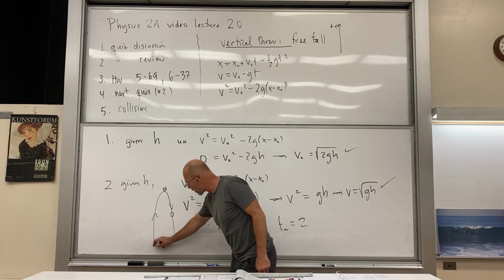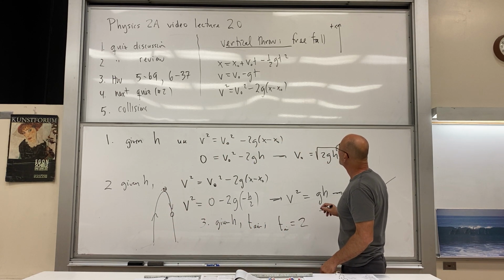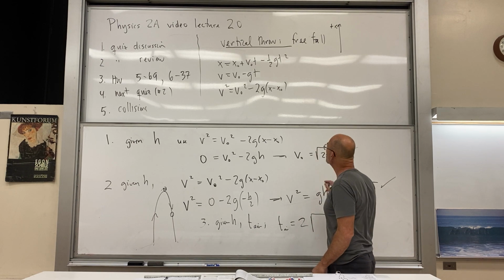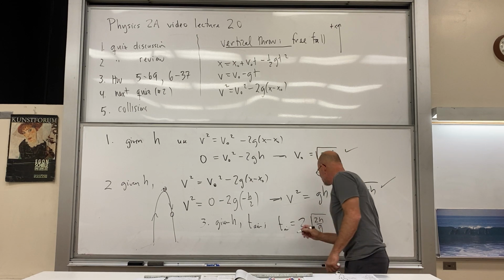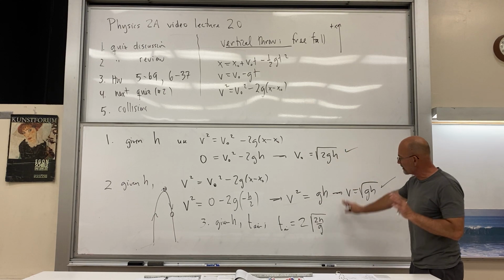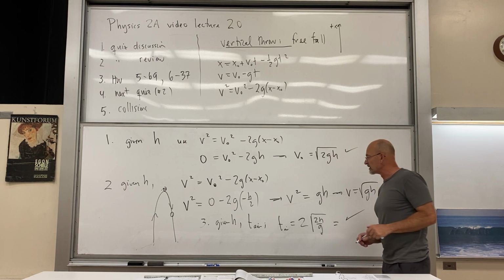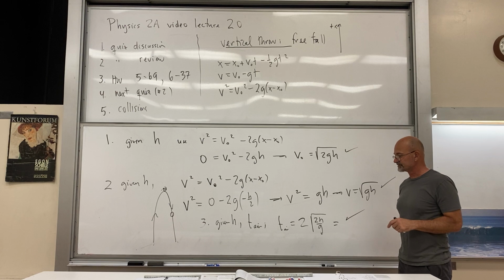The time to go up and the time to fall down are symmetric, so it's going to be twice root 2h over g. Again, you have to get a viable formula here, and then you can plug that in and get your answer and plug it into the computer.